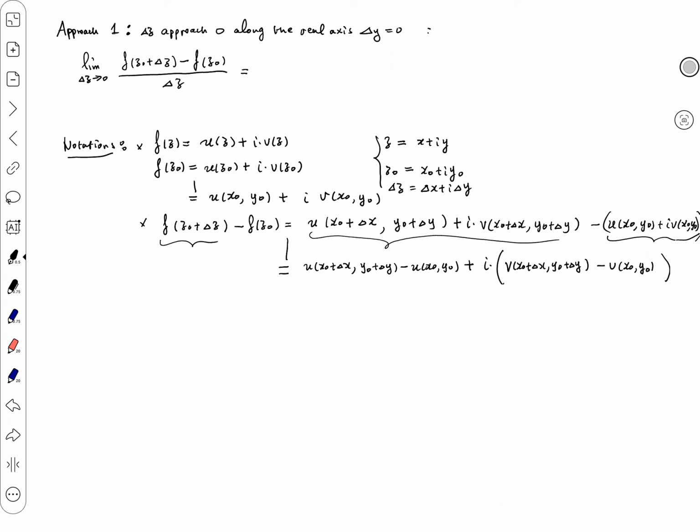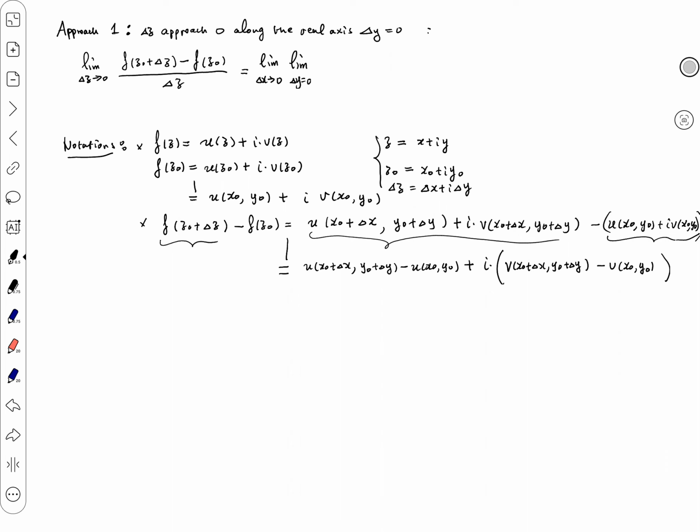Okay, then coming back here, the first approach is along delta y equals 0, which means that we first let delta y equals 0, then we let delta x tend to 0.